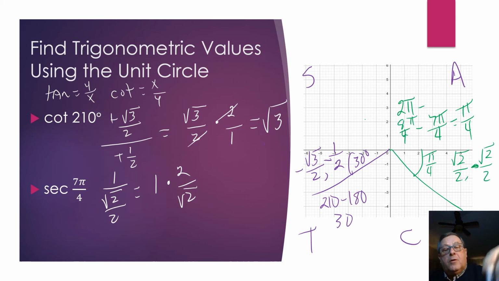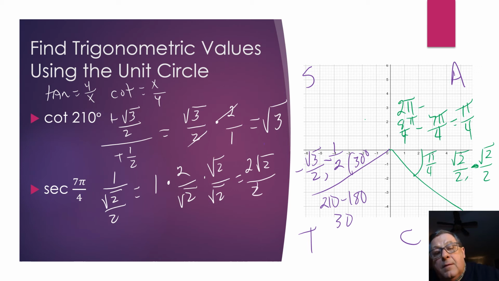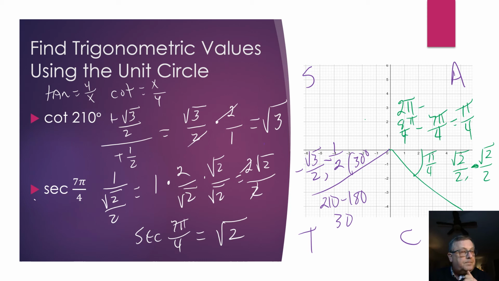So let's do that right quick. Well, that's the square root of 2 times the square root of 2. That's going to give us 2 square root of 2 over 2. And my 2's are going to cancel out. And so my secant of 7 pi over 4 is just equal to the square root of 2. And it's positive because we're in the fourth quadrant.